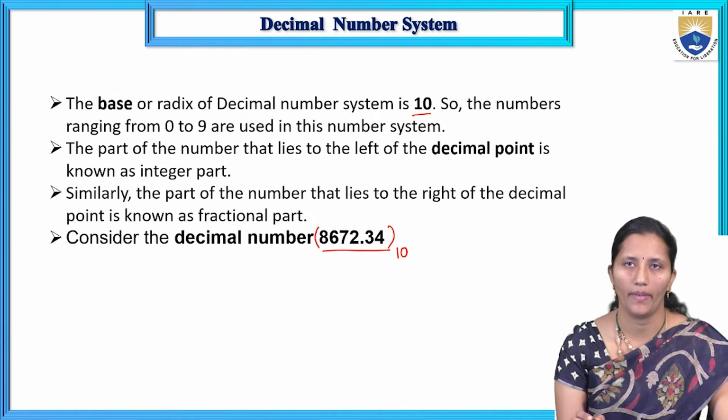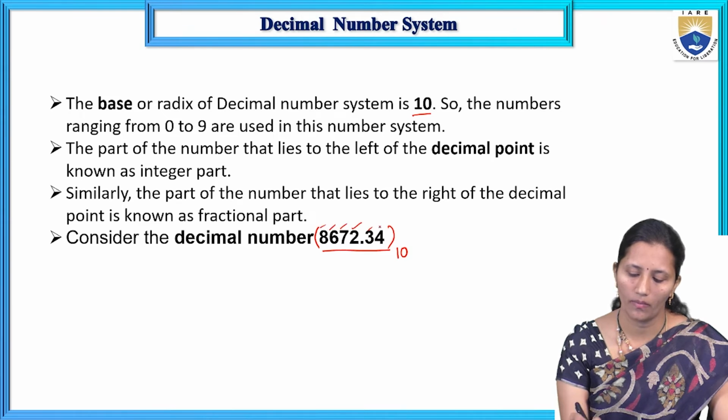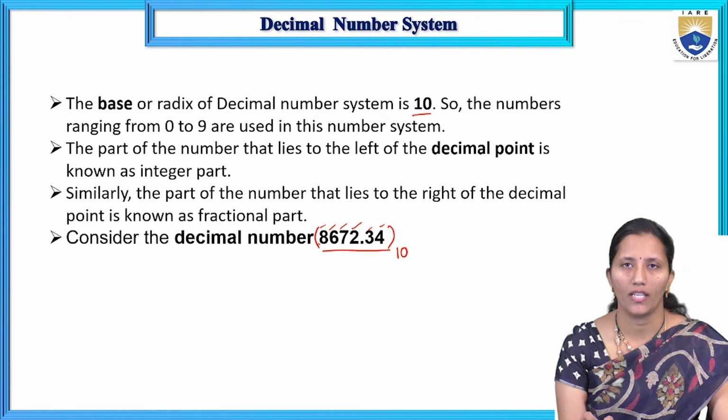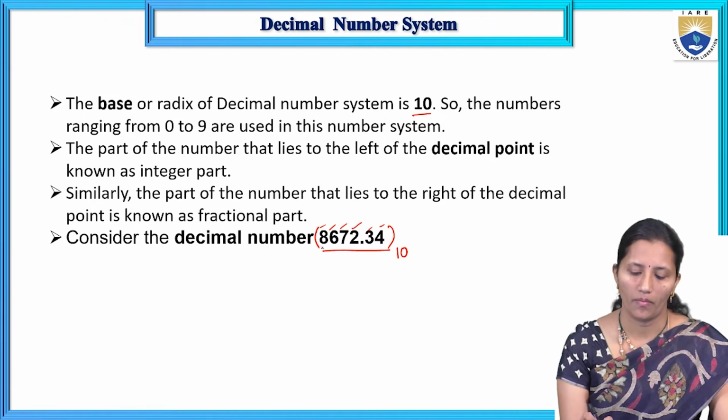The numbers ranging from 0 to 9 are used in this number system. In our daily lives, we are using this decimal number system.